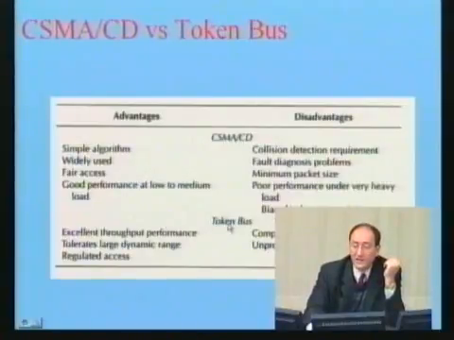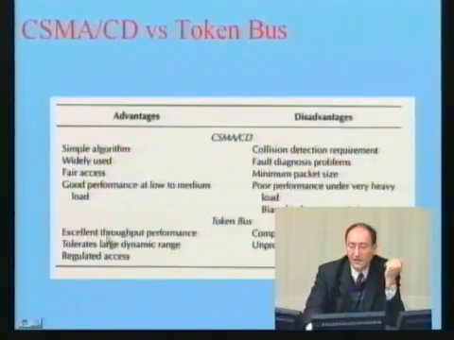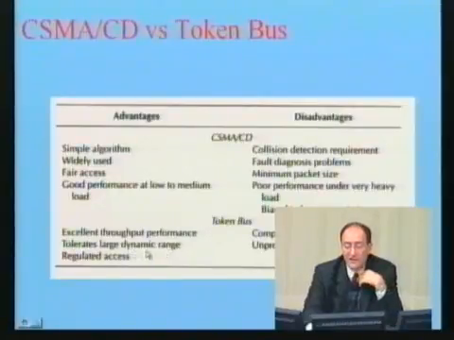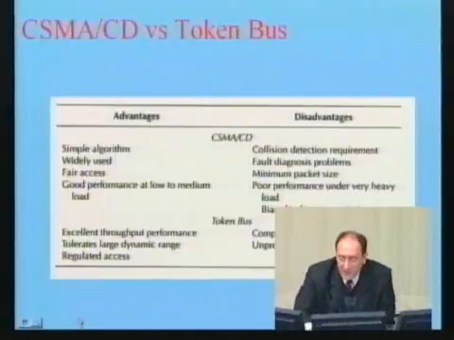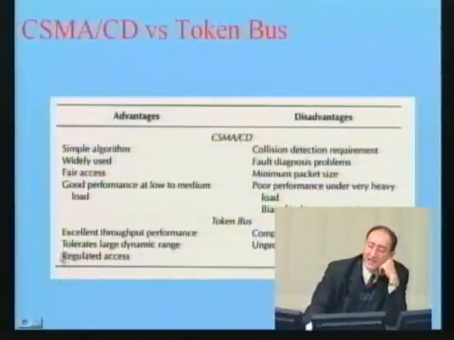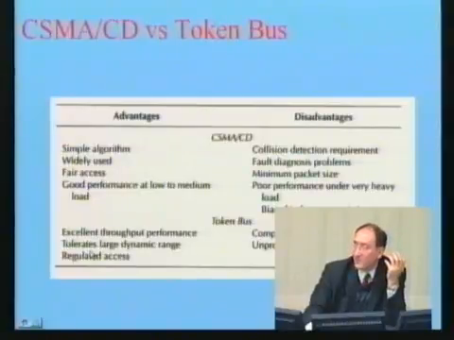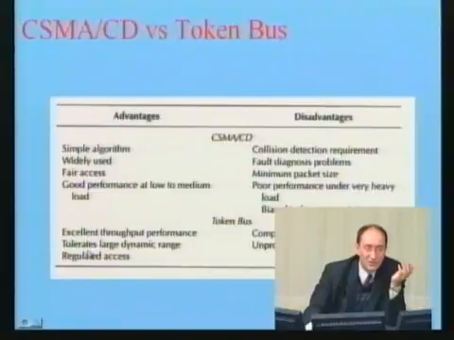For token bus, the advantages are very similar again to the 802.5. The throughput at high load is good. Tolerance to the range of data packets, and access is controlled. That's the main paranoia, access is not controlled, and access is controlled in here.